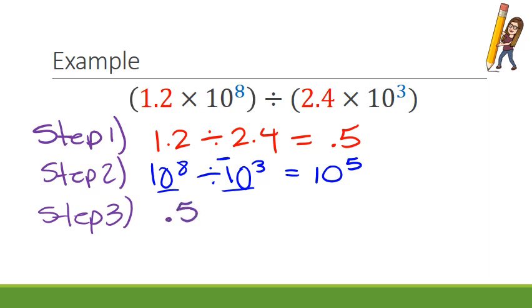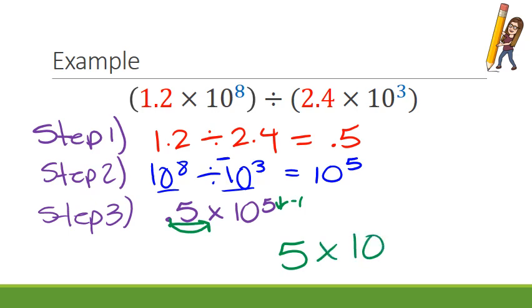I have a decimal value of 0.5 times 10 to the 5th. Can I leave my final answer like that? I can't, because this number is not between 1 and 10. So if I move the decimal to the right one, that means I have to decrease my exponent by 1. So my final answer will be 5 times 10 to the 4th.